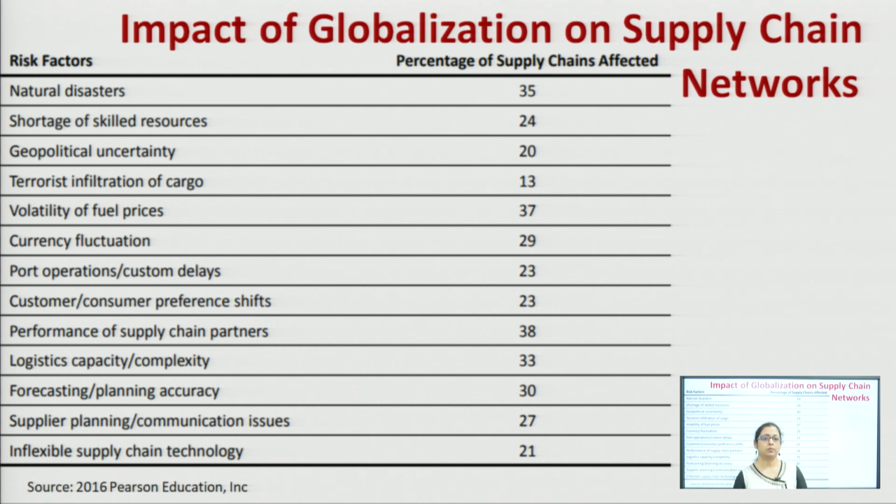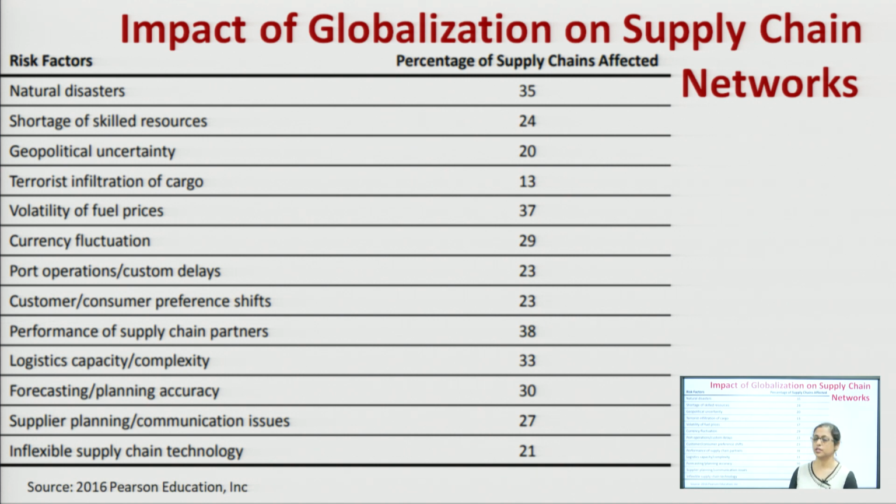Supplier planning and communication issues have almost similar weightage to forecasting and accuracy. That means if an organization is not able to plan and communicate properly with its partners, the company will face a lot of impact, and the outcome may go negative.